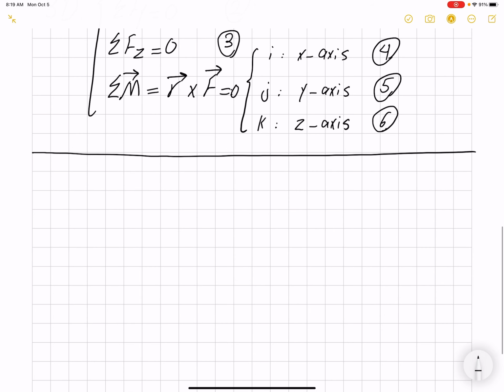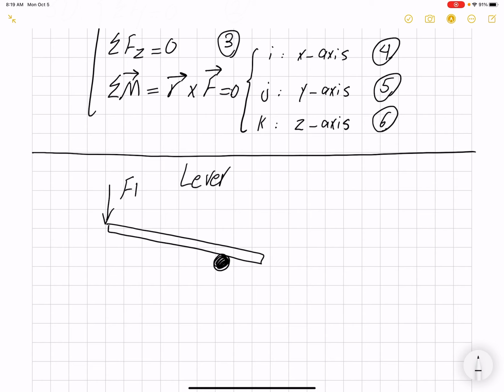A very practical example of summation of moment equals 0 is a lever. So when we are using a lever, if you are applying load here, let's call it F1, because we are dealing with equilibrium, let's say there is a weight here being applied. The moment about point O should be the same, so summation of moment should be 0.